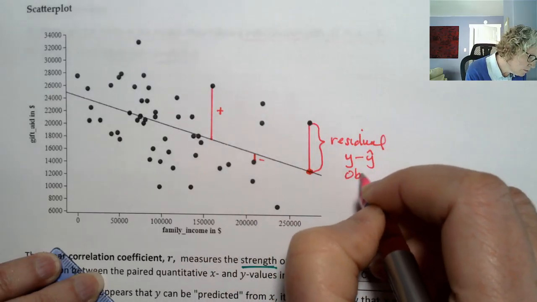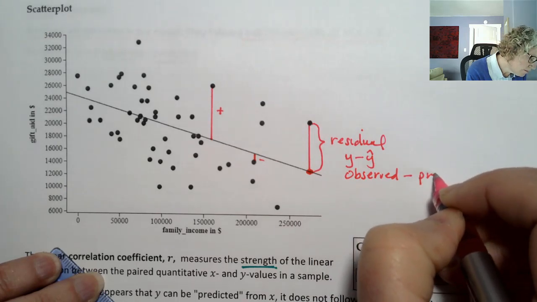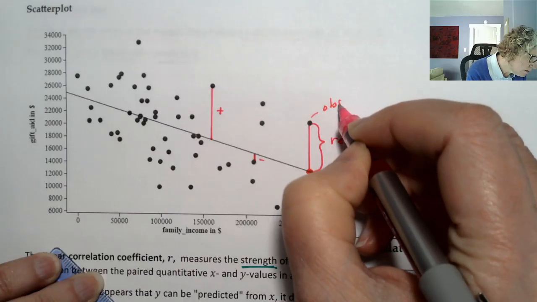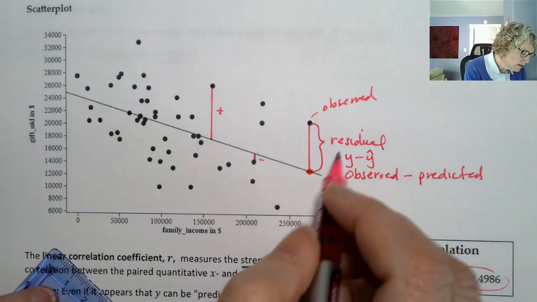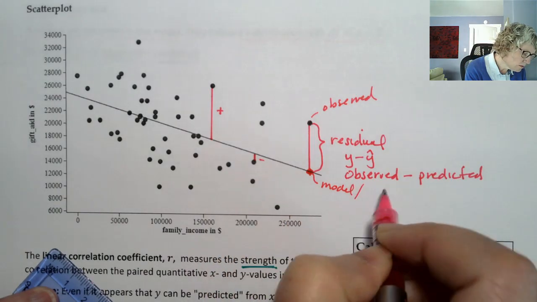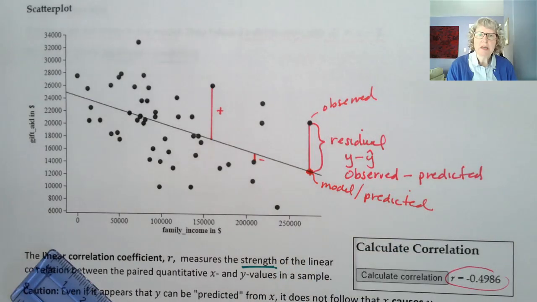So it's observed minus predicted. Observed is the actual data point. Predicted is the model. The model is predicting what the value would be.